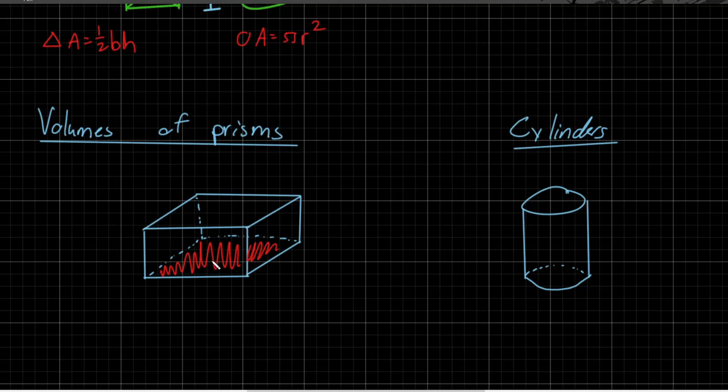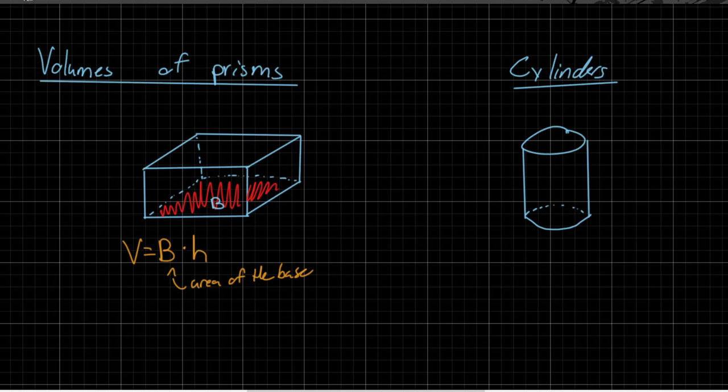This is the base down below. The volume formula for any prism is base, big B, times height. Big B is the area of the base. So how do I get the area of the shape down below?